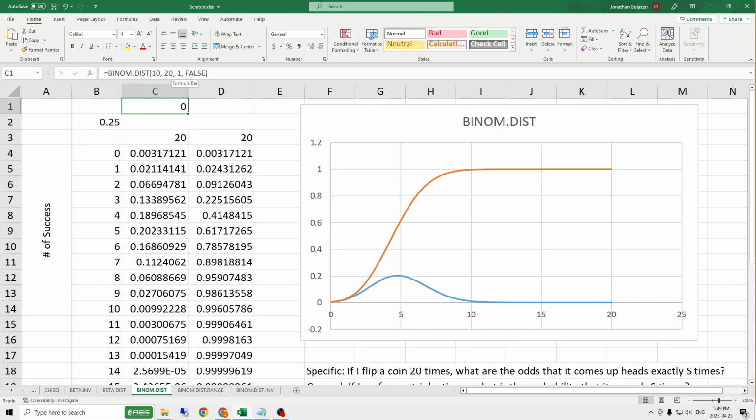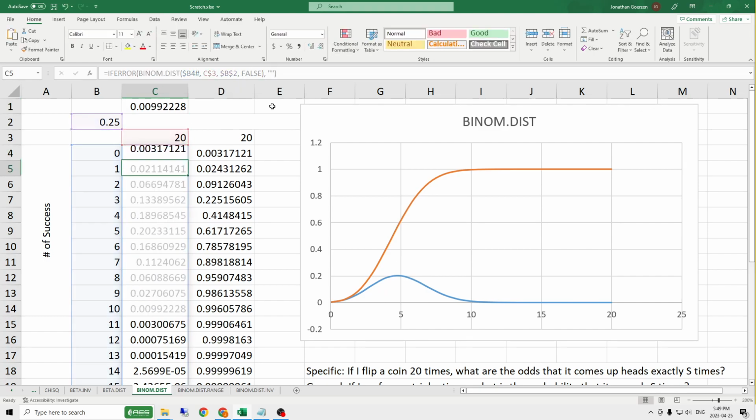If I do the same here, 5. My odds of getting 10 successes is less than 1%. Now that looks like it didn't quite behave the way I wanted it to.